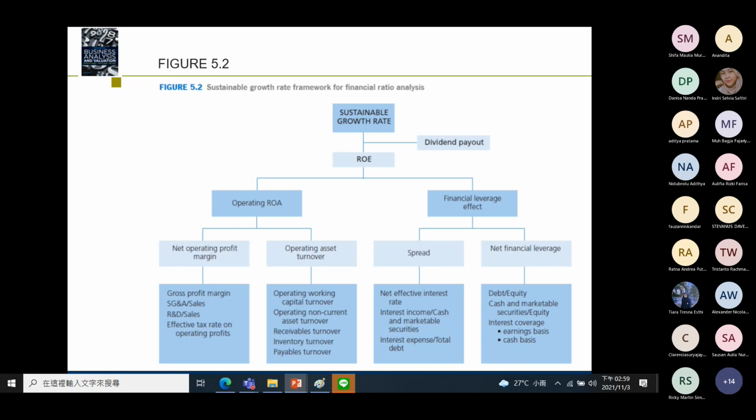Figure 5.2 shows how a firm's sustainable growth rate can be linked to all the ratios discussed in this chapter. This linkage allows analysts to examine the drivers of the firm's current sustainable growth rate. If the firm intends to grow at a higher rate than its sustainable growth rate, one could assess which ratios are likely to change in the process. The analysis can lead to business questions such as these.